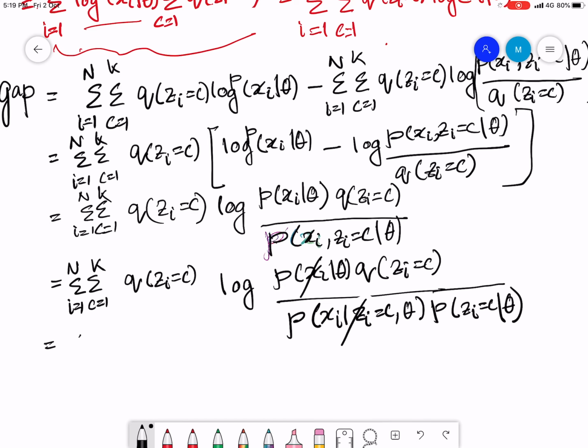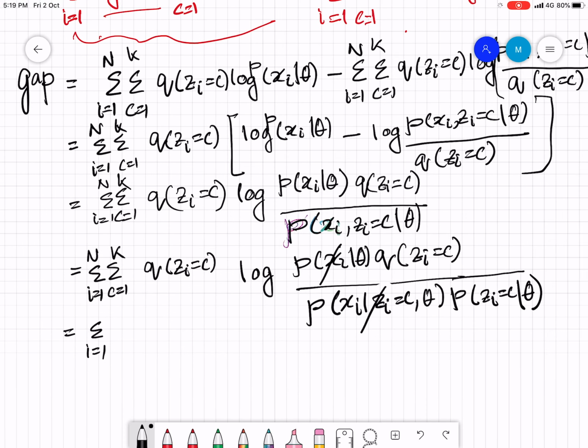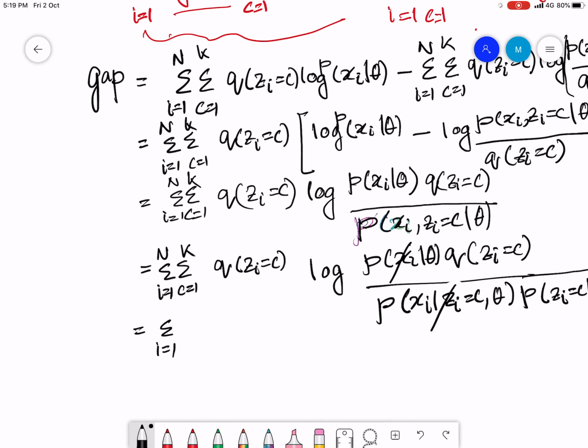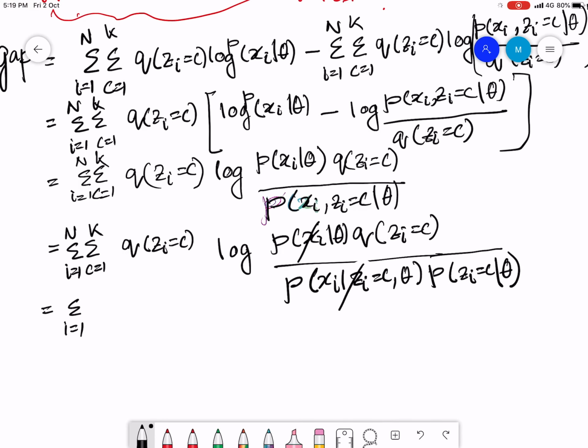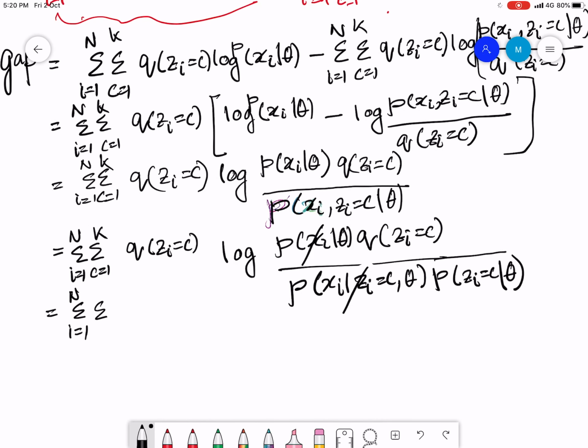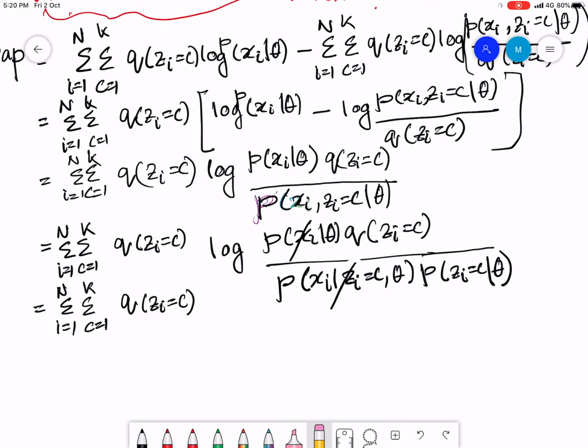So this becomes the summation i equals 1 to n, c equals 1 to k, q(z_i equals c) log of q(z_i equals c) divided by p(z_i equals c given theta).